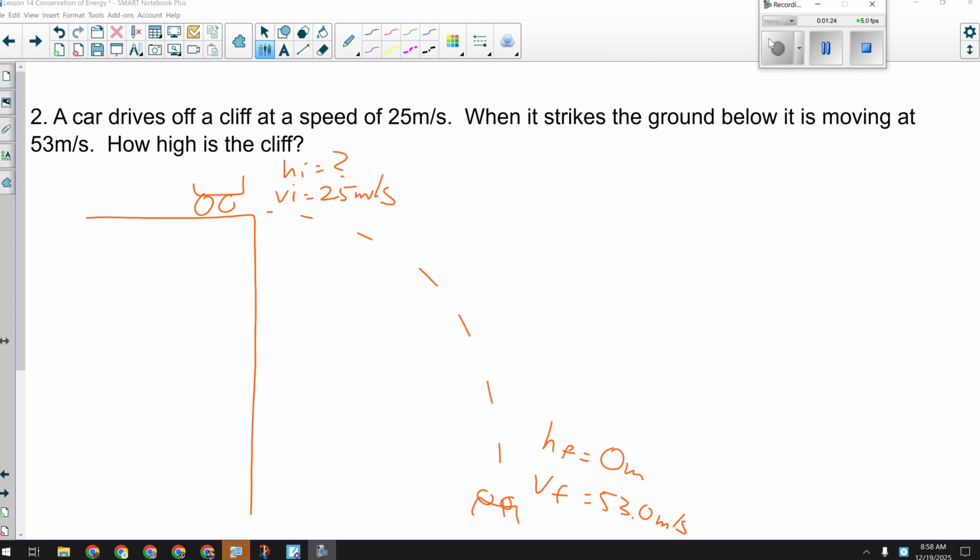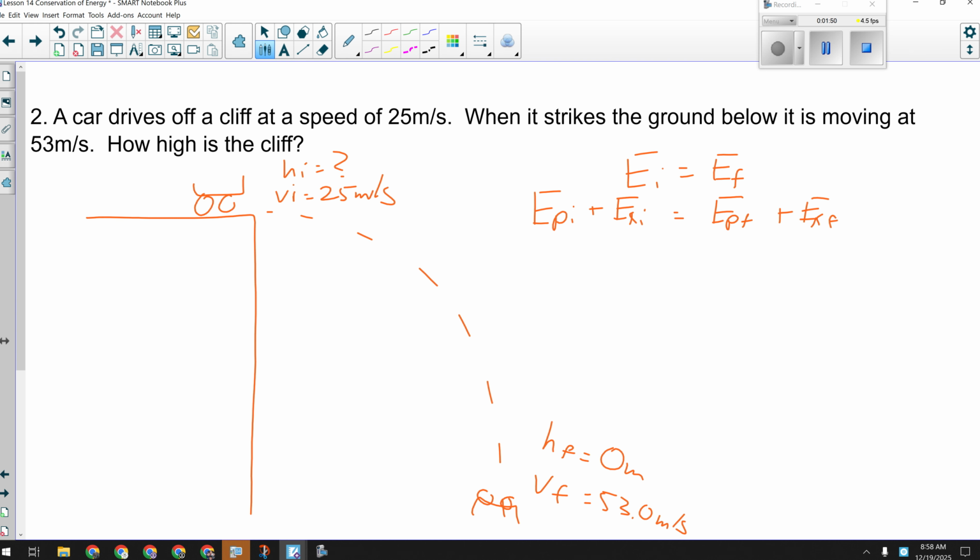There's no mention of work or any forces or anything like that, so we can assume that the initial energy equals the final mechanical energy. So again, we expand that out like we always do. That means initial potential plus initial kinetic equals final potential plus final kinetic.